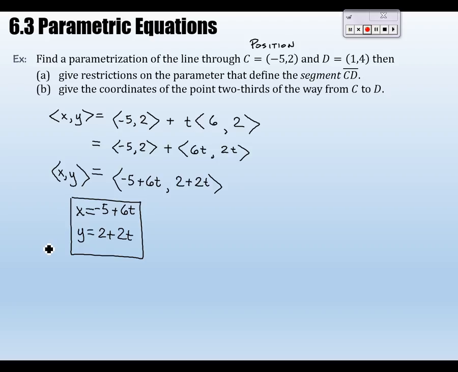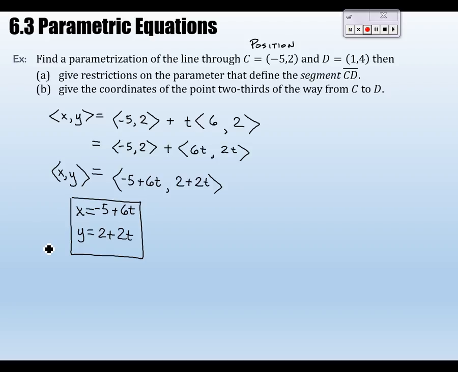Vector equation, set of parametric equations, cosmetic difference, right? Really the same information, just collected in different ways, okay? Yes, so far so good? So we have this nice little vector function, or parametric function, same thing. You give me a t value, we output a point, (x, y). Beautiful. You ready? Keep going here.